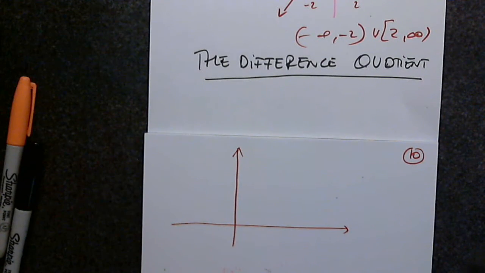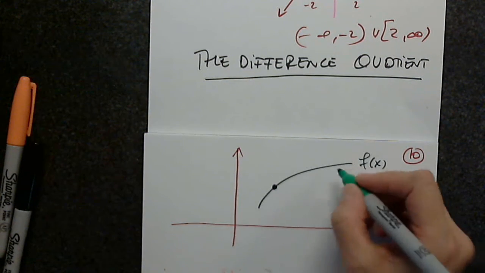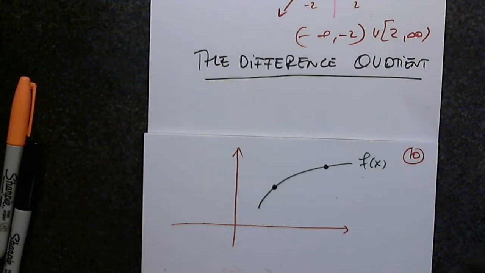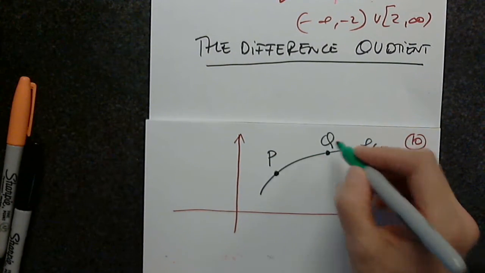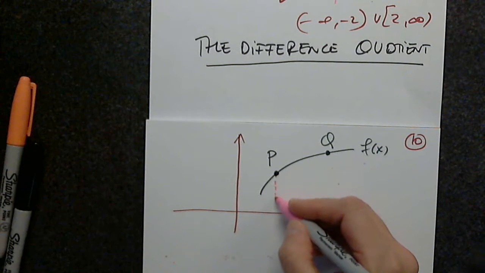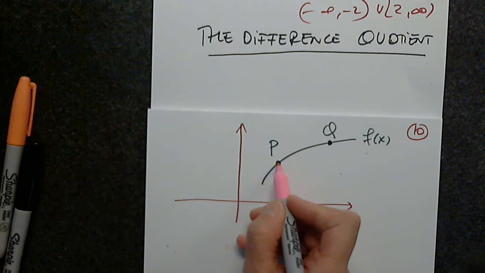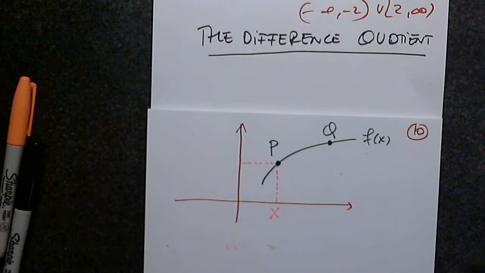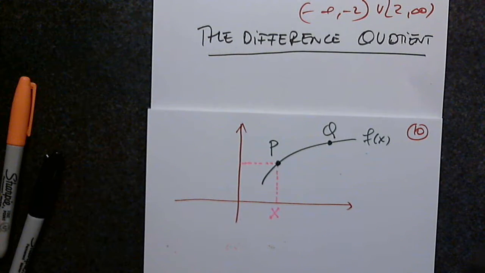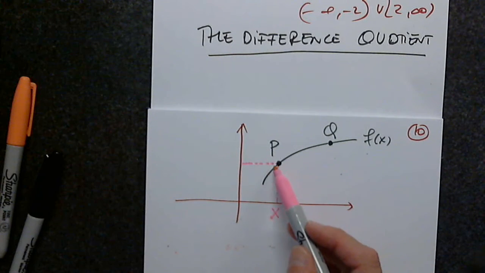This is very important because I will create 2 points. One that I will denote by P and the other one that I will denote by Q. Notice that both points are on the graph of the function. Agreed? I'm going to say that this is x. Please give me the y coordinate of this point. If the point is on the graph, and if x is 5, what will be the y coordinate?